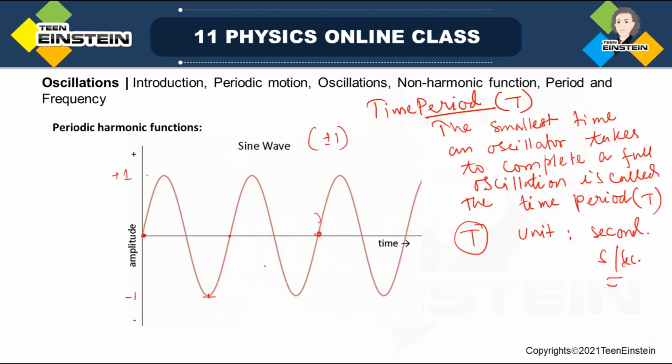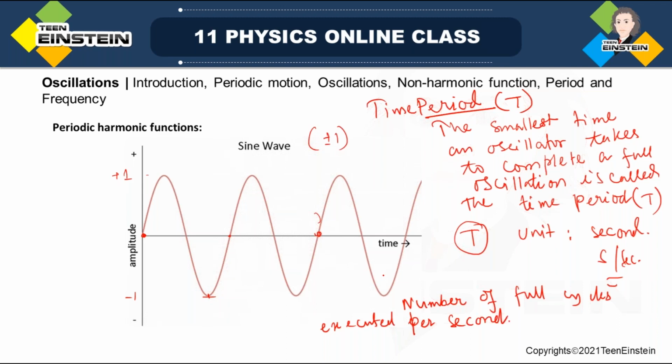And then frequency is the number of full cycles, or number of full oscillations, executed per second.